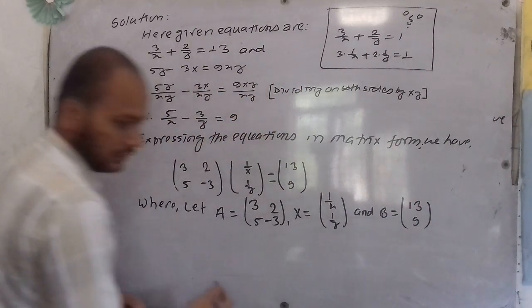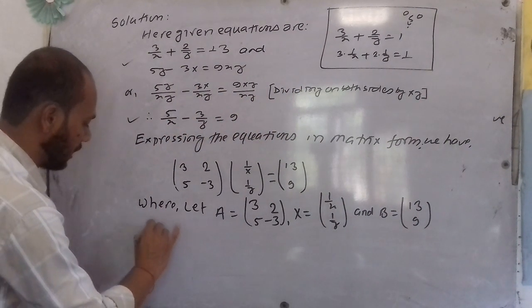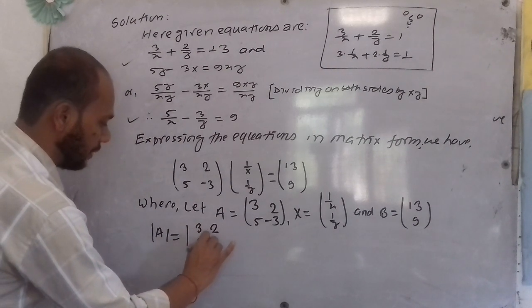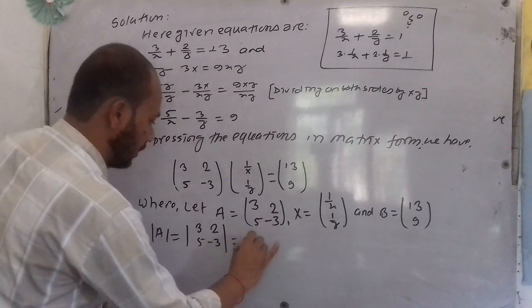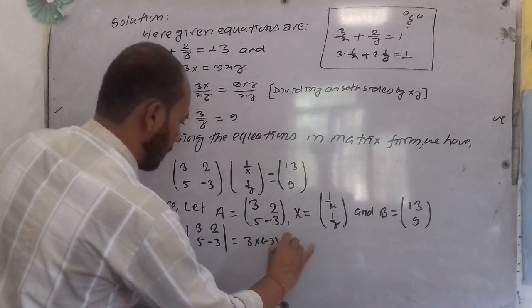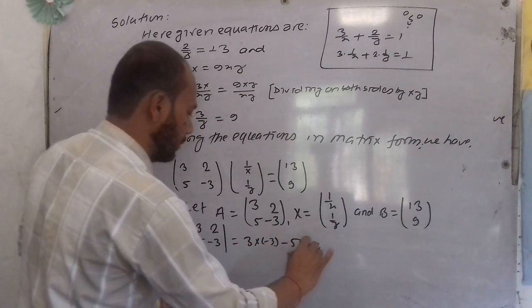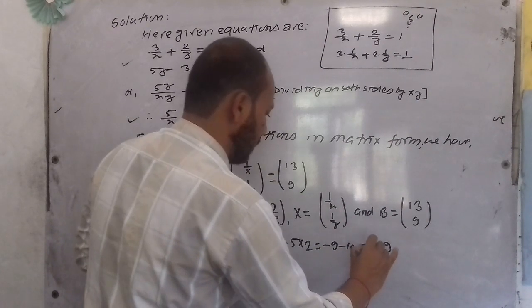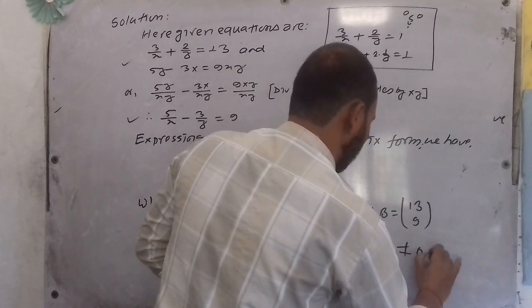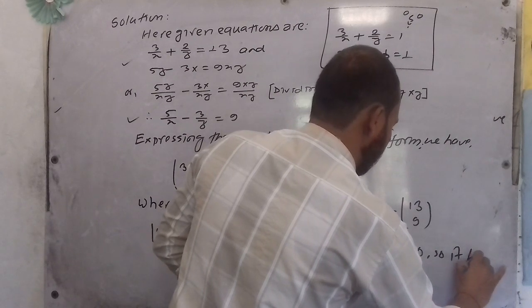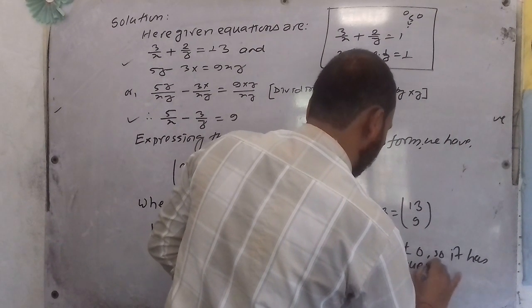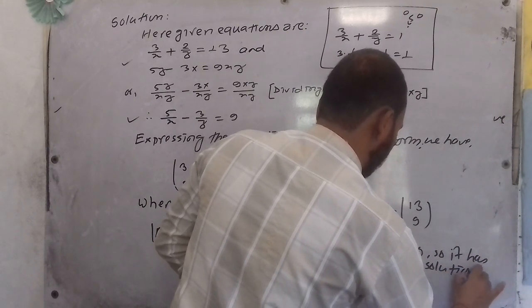Okay, and then you find the determinant of matrix A. We have [3, 2; 5, -3], then 3 into -3 minus 5 into 2. We have here -9 - 10 = -19, which is not equal to 0. So it has a unique solution.